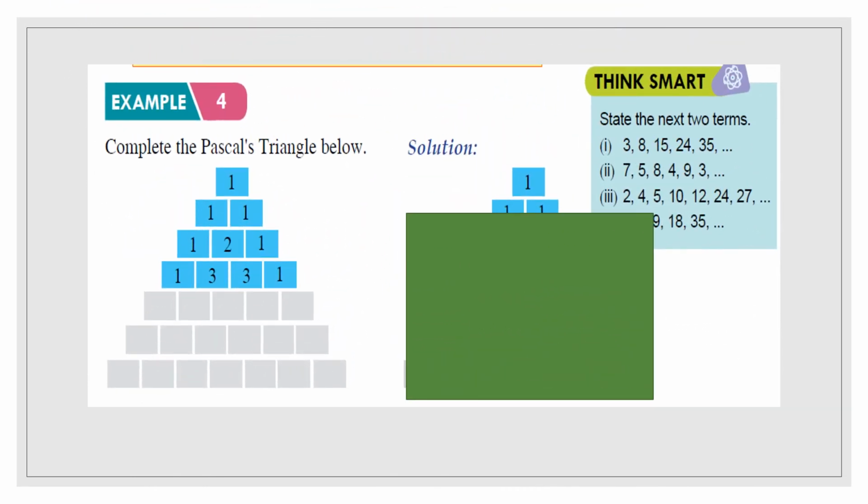Now, try to complete the Pascal Triangle. Look at the triangle. What number can we fill inside this square? Remember, all the left side and right side of Pascal Triangle must be number 1.